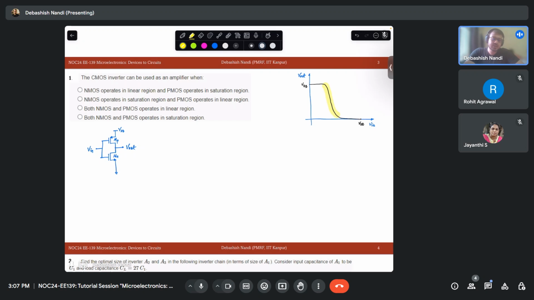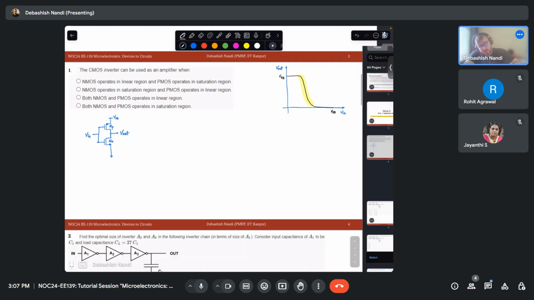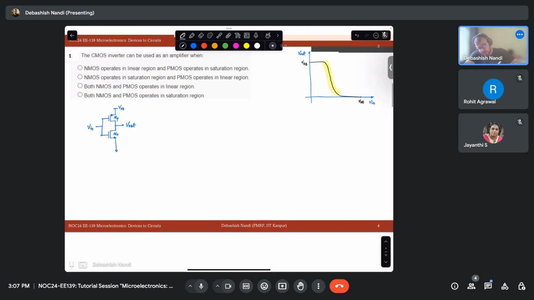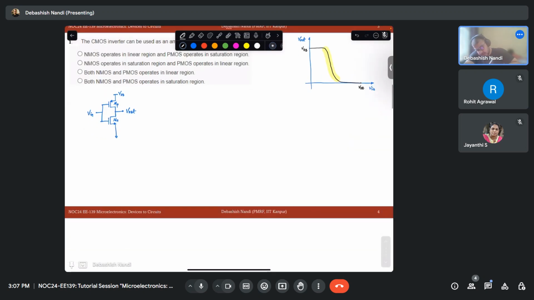Now the question is, how do we get this voltage transfer characteristic and what are the main fundamentals behind this? So let's start with this.